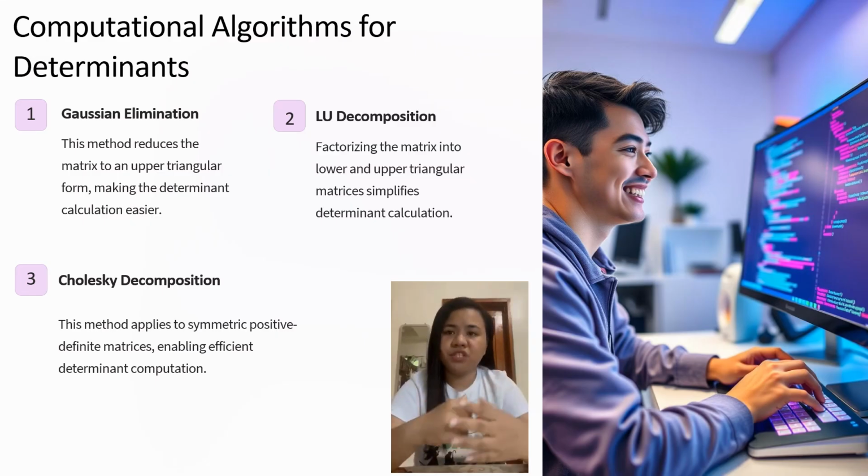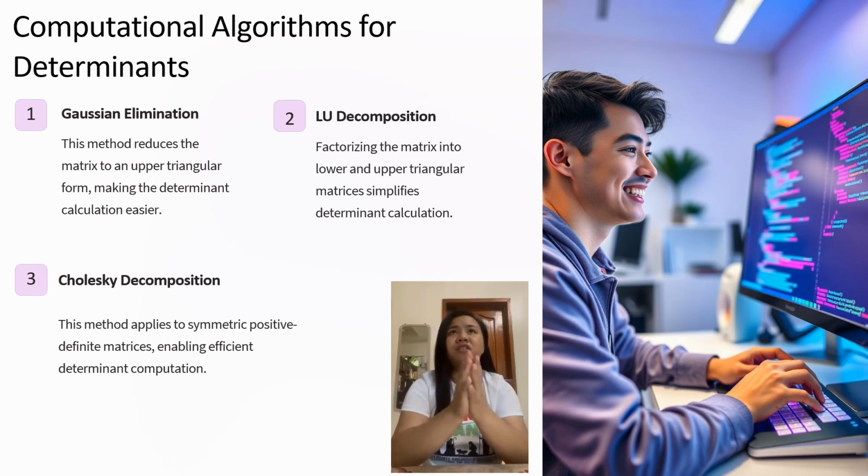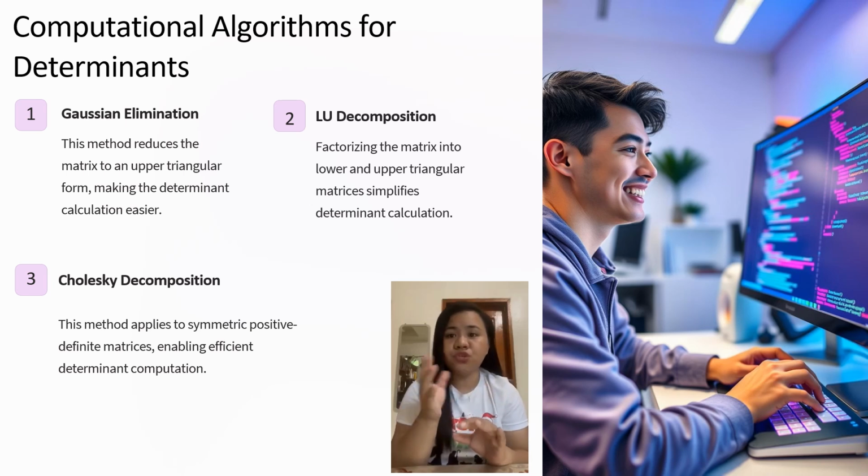First, we have Gaussian elimination. Gaussian elimination is a more efficient algorithm for computing the determinant, especially for larger matrices. This process involves transforming the matrix into an upper triangular form using row operations. Once the matrix is in triangular form, the determinant is simply the product of the diagonal elements. The steps are: first, use row swaps, then row scaling, and then row addition to convert the matrix into an upper triangular form.